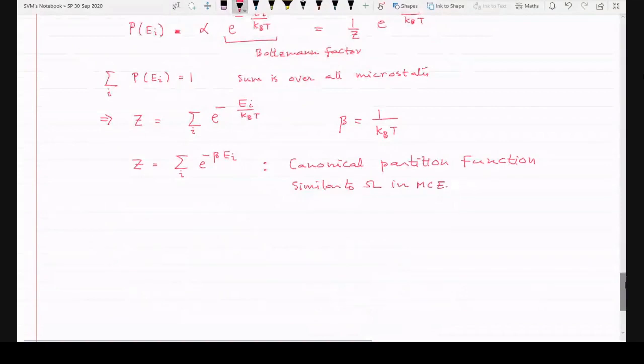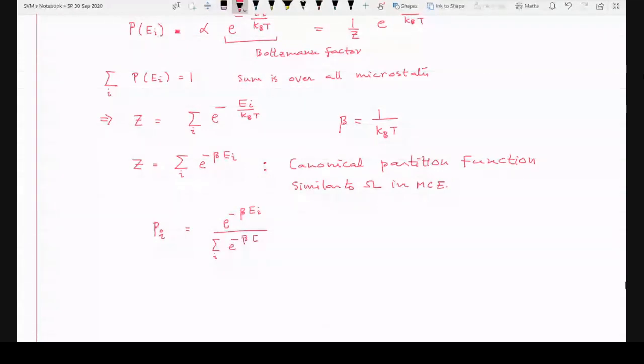So in terms of this canonical partition function, we can write down the probability of a microstate i as e to the power minus beta E_i divided by the sum over i of e to the power minus beta E_i.